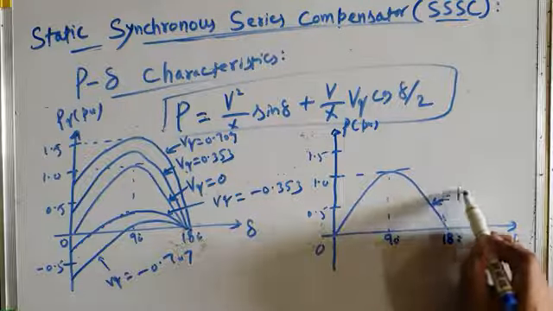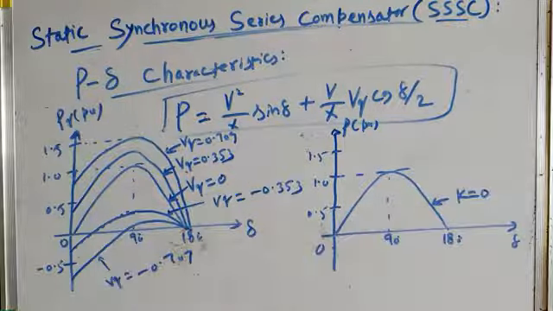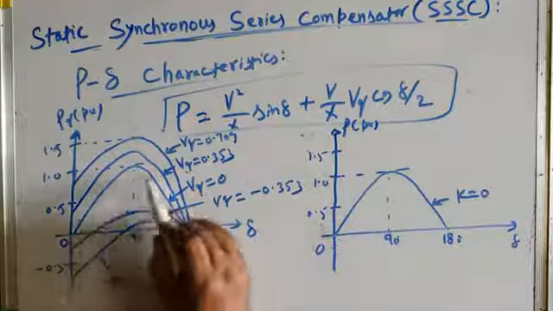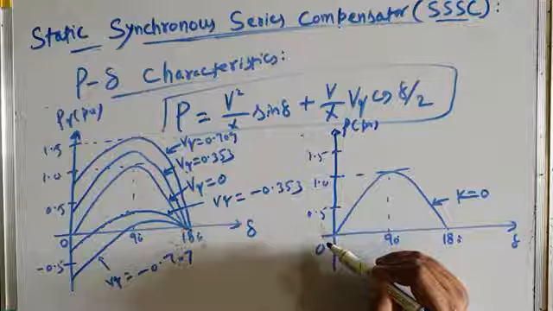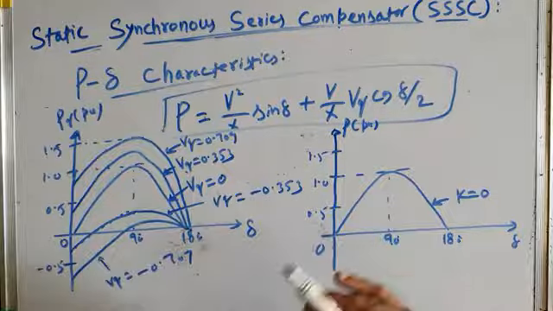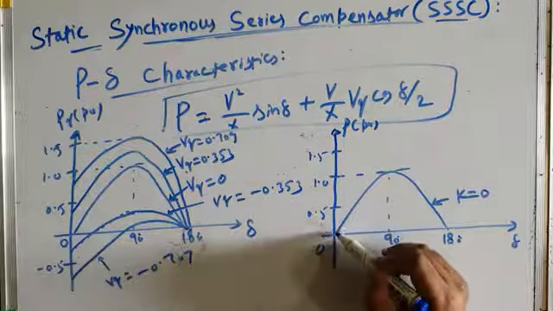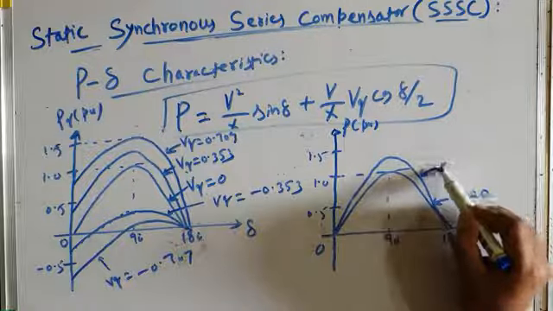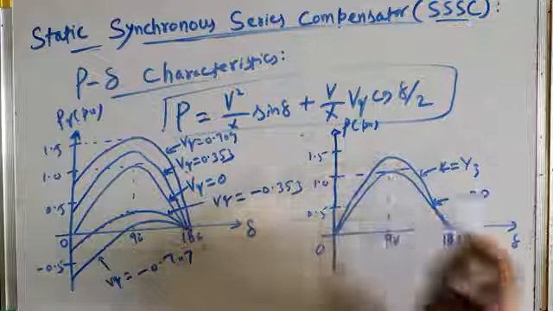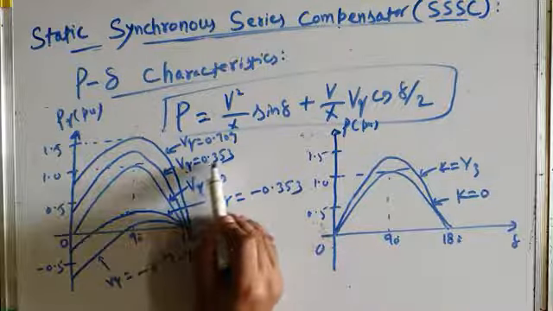This is for degree of series compensation equal to 0, uncompensated line. It is similar to this VQ equal to 0. And then let us suppose we do some series capacitive compensation, put a capacitor in series with the transmission line, and let us suppose the degree of series compensation is K is equal to 1 by 3, and it is equivalent to VQ equal to 0.353.